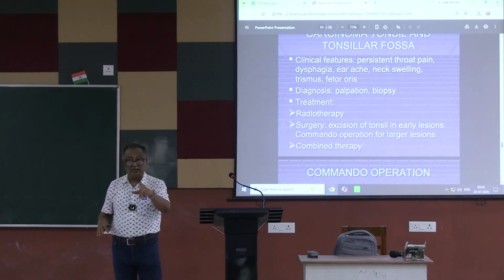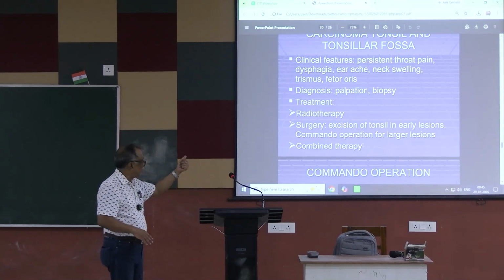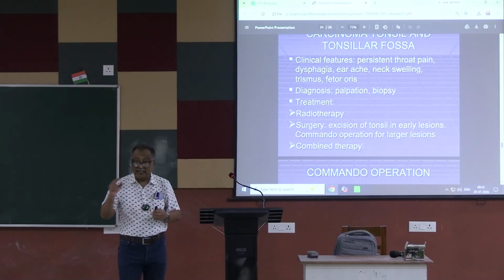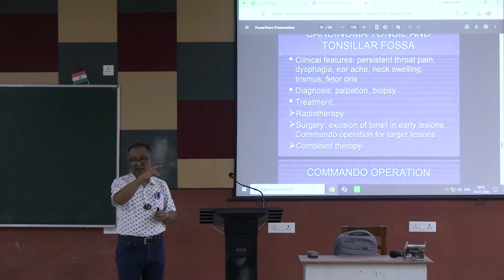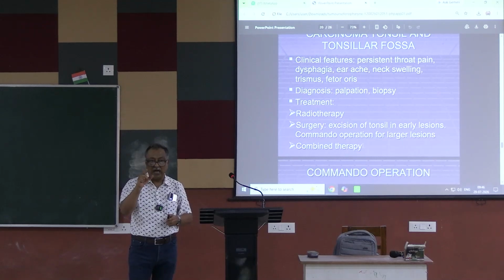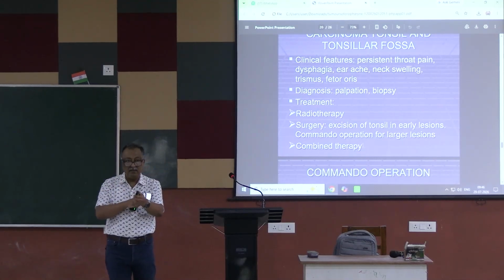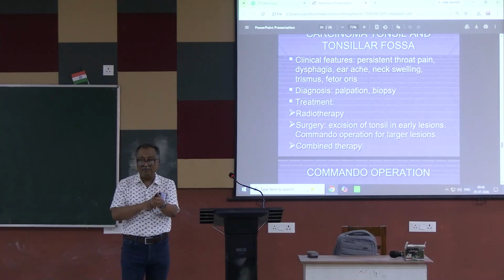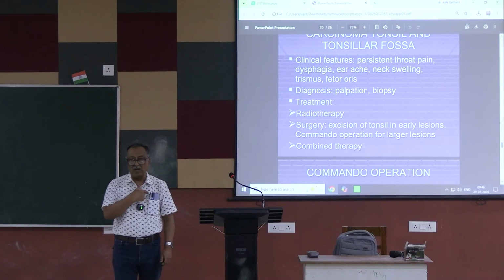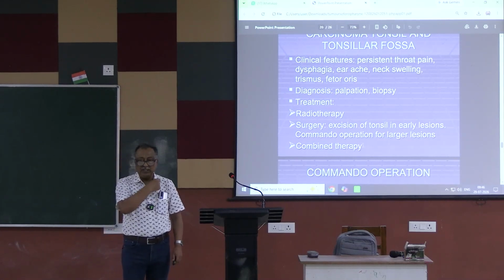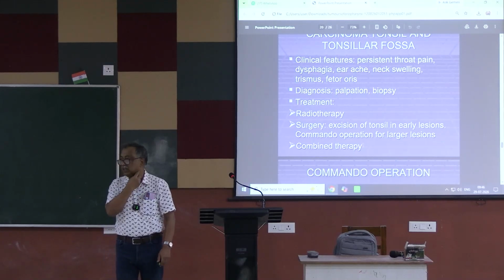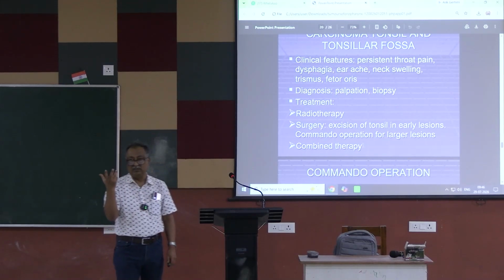But if we consider a reconstructive surgery, such as in the case of the Commando Operation, then we will dissect the whole facial artery, remove the other part, and anastomose the radial artery, which is with that radial flap, or in the case of the pectoralis major, the branch from the thoracoacromial trunk, we anastomose it with that facial artery. So, the facial artery is important, and we will keep it intact for that reconstructive surgery.